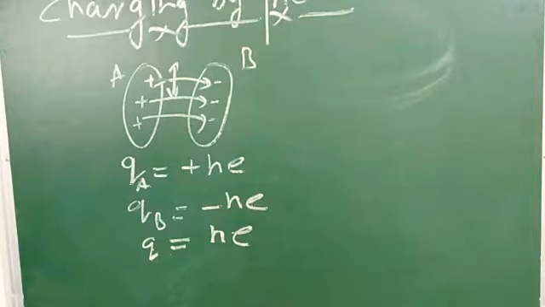Definitely both will become charged, but in order to decide, we have to see the triboelectric series, which is made according to electron affinity, because electron affinity is the basic measure of the transfer of electrons from one body to another.